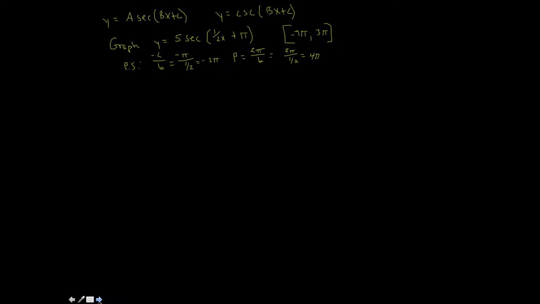All right, so what we're actually going to do is, instead of y equals 5 secant of 1/2 x plus pi, what I want you to graph is y equals cosine of 1/2 x plus pi.